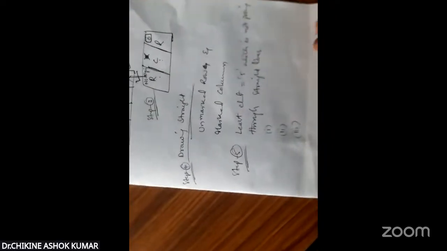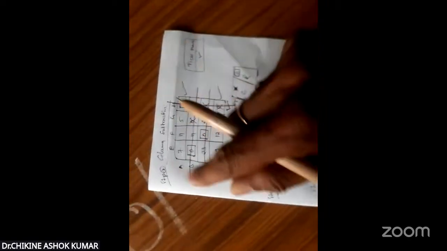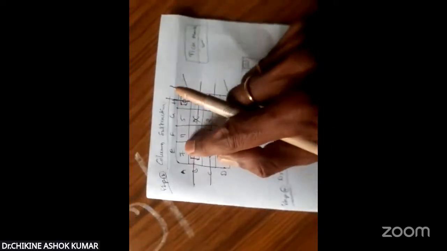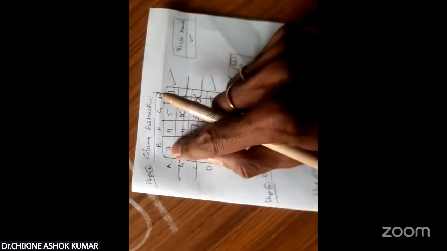Once the least element is selected, the first step is to subtract this least element 5 from the remaining elements which are not passing through the straight lines. So we subtract this 5 from 7, 11, 5, including 5 also, 9, 12 and 13. I'll do that, one minute.